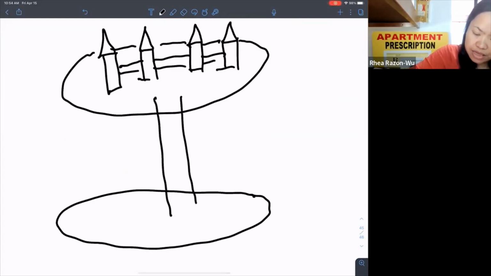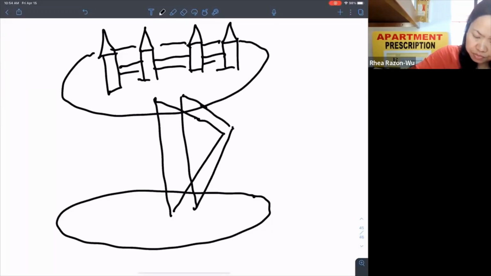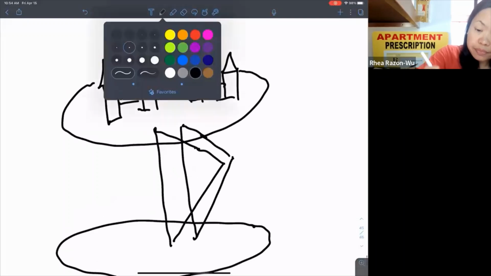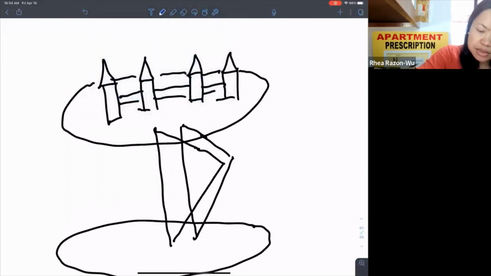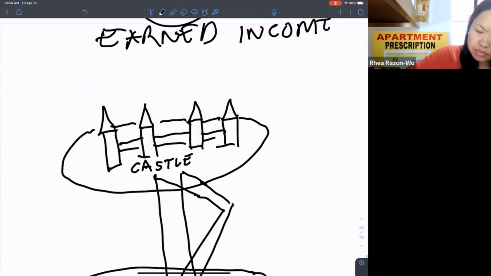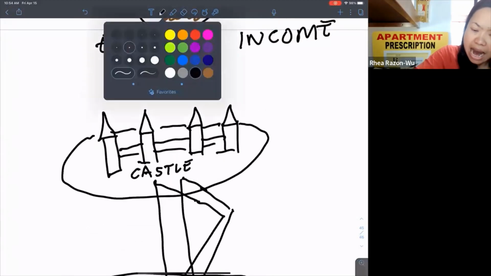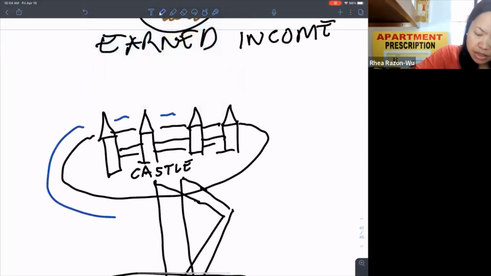And I have this longitudinal object here, and I call it a bridge, just like the London Bridge. Now, around this, I call this my castle, and that's my earned income. Around this castle is a body of water.